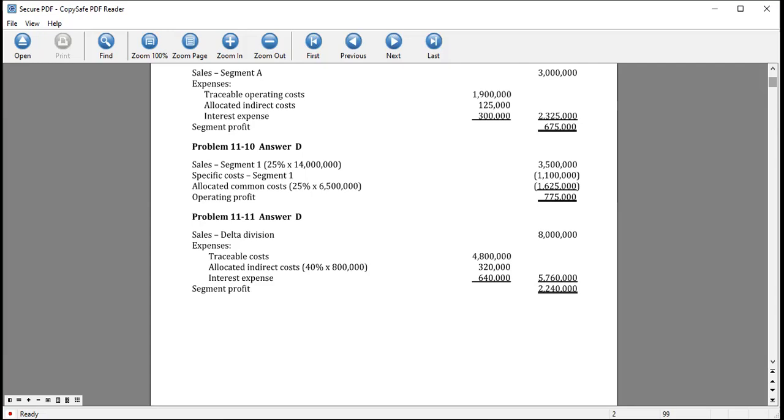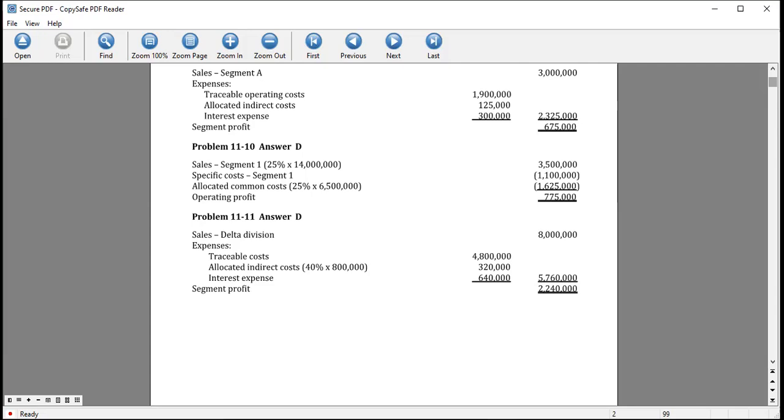Now we go to number 11. In number 11, what amount should be disclosed as Delta's profit for the current year? So sales of the Delta division is given at 8 million, and we deduct traceable cost equal to 4,800,000.